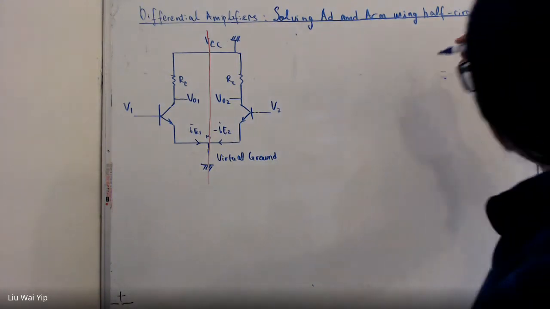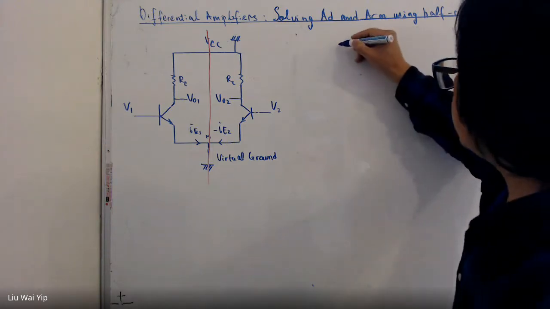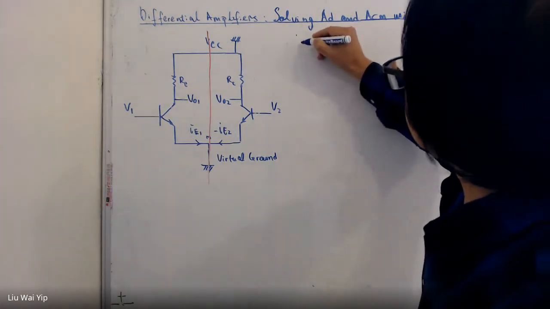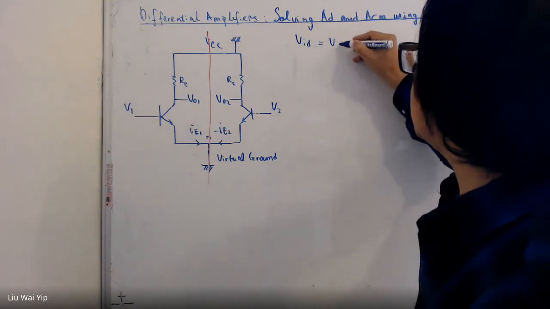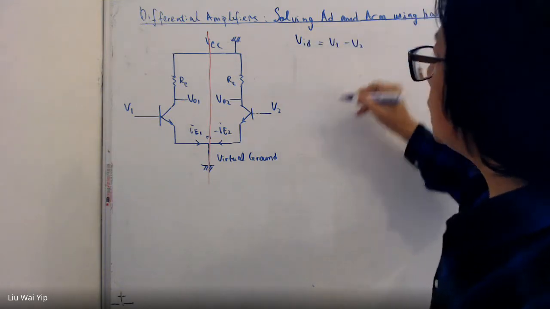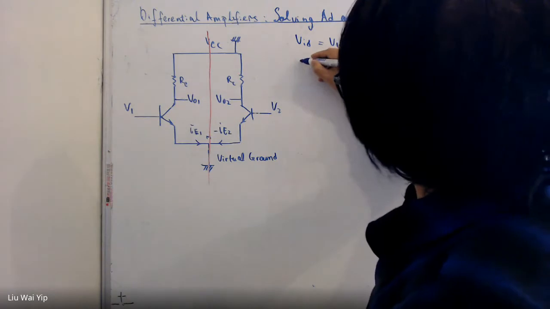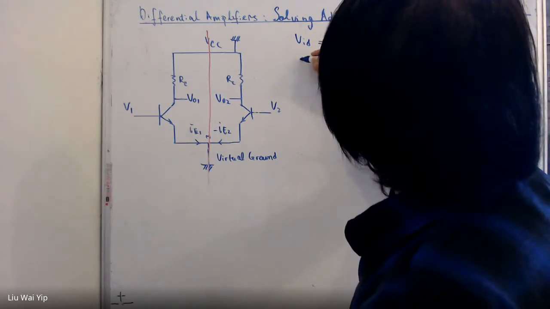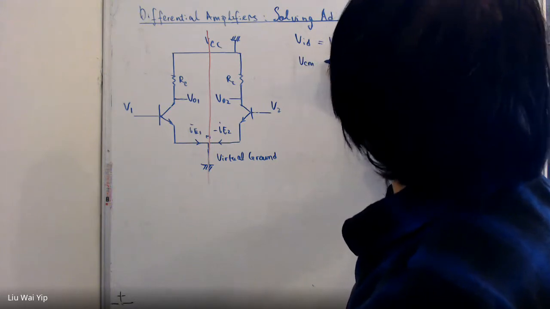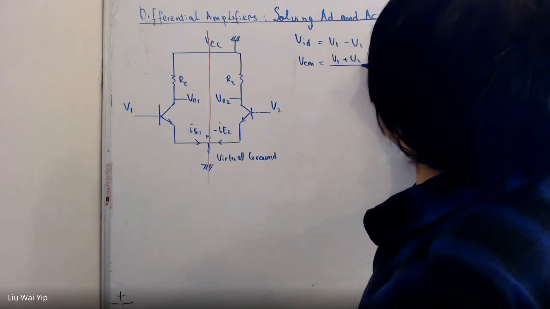And to begin with, let's say we have a definition where VID is equal to V1 minus V2, the differential voltage. And VCM is equal to V1 plus V2 divided by 2.